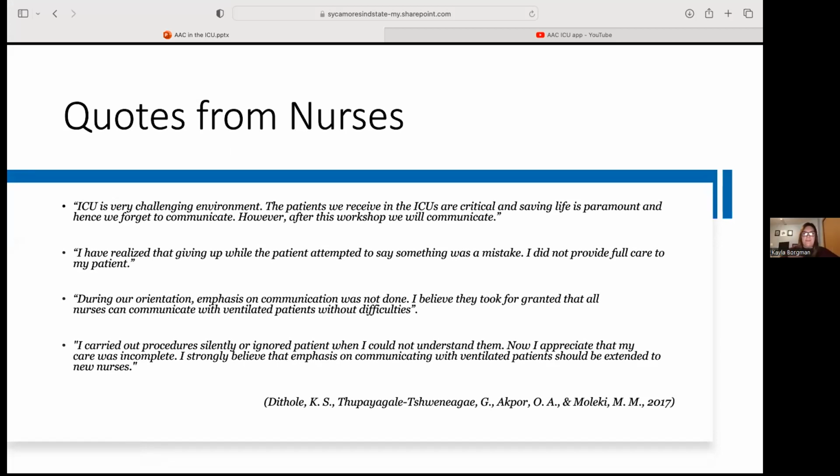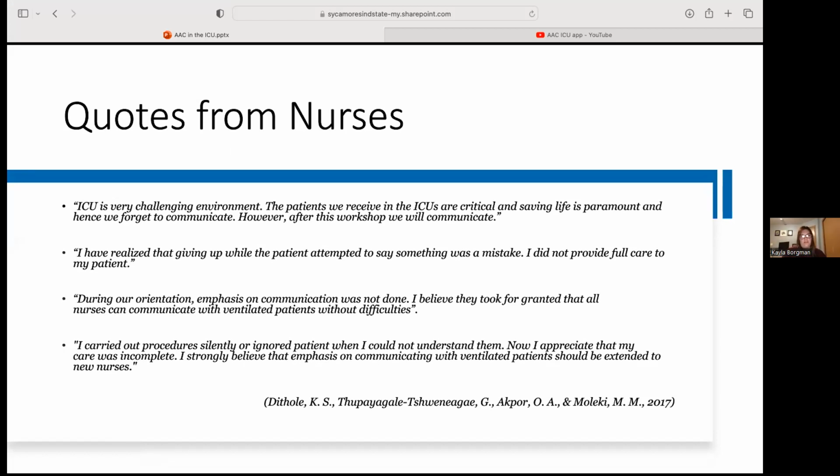So as we are wrapping up, while we were conducting our research for this in-service, we came across some specific quotes from nurses that have expressed how AAC has affected not only their patients' lives, but also their own lives.